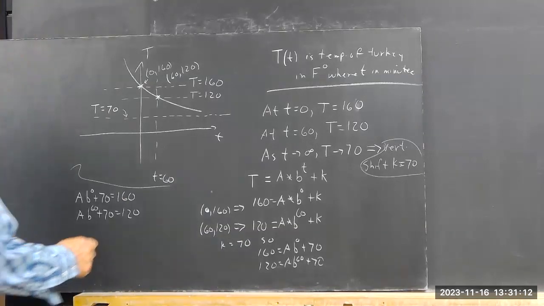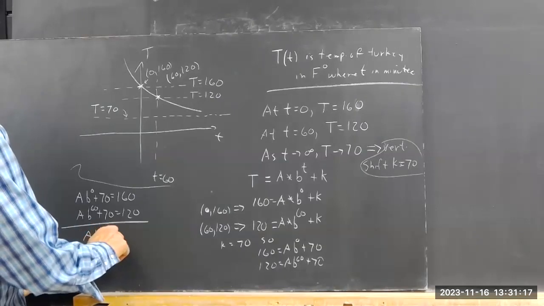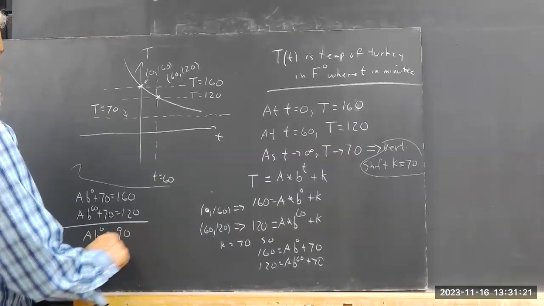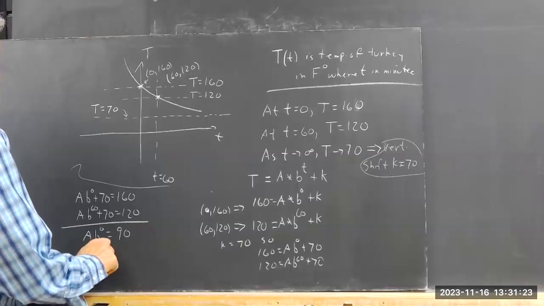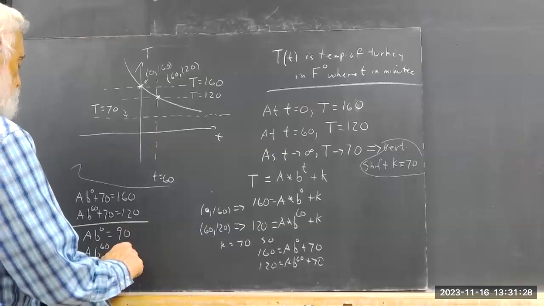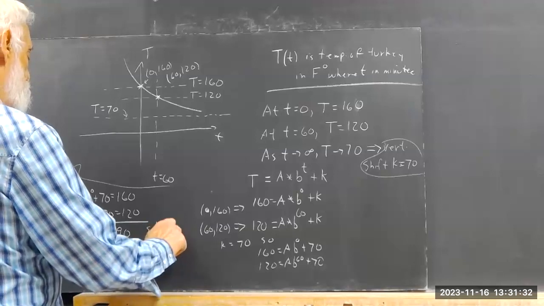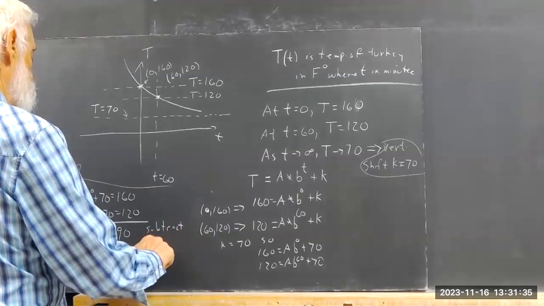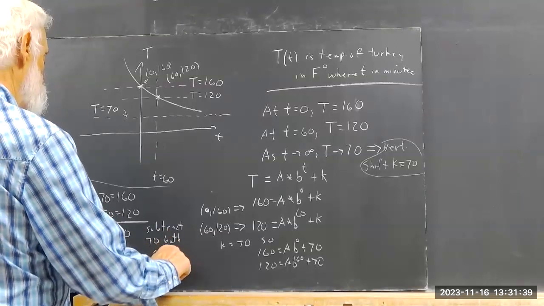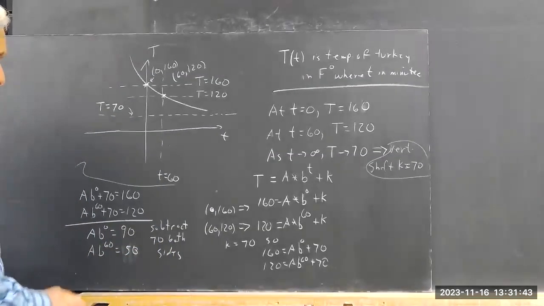And we easily do that by subtracting 70 from both sides.